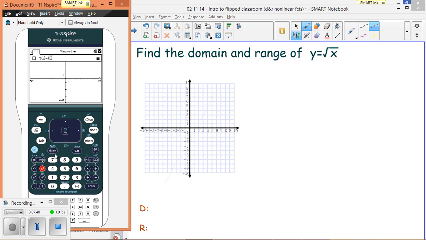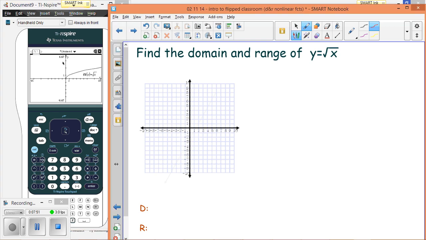There we go. Square root of x. And enter. That is another function that's going to start looking very familiar to you. Basically starts here at the origin and goes like that. And it's going to increase forever.